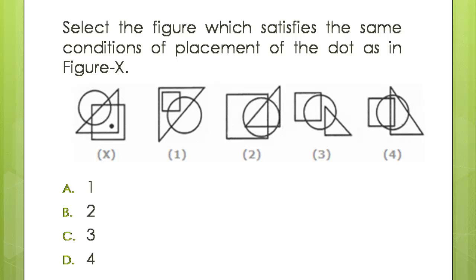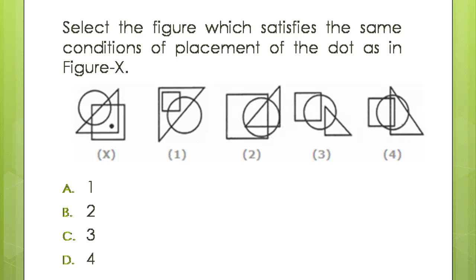Now pay close attention to the positioning of the dot in the first figure. You will observe that the dot is placed in the region which is covered by the square and the triangle, and it doesn't cover the region of the circle.